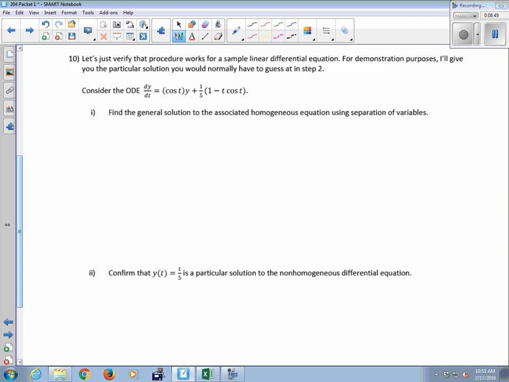Okay, so step 1 is to find the general solution to the associated homogeneous equation using separation of variables. So I just drop the b of t. So this becomes dy dt equals cosine of t times y. And once I've dropped the b of t, this becomes separable, and I can solve by separation of variables. So I'm going to have 1 over y dy equals cosine of t dt.